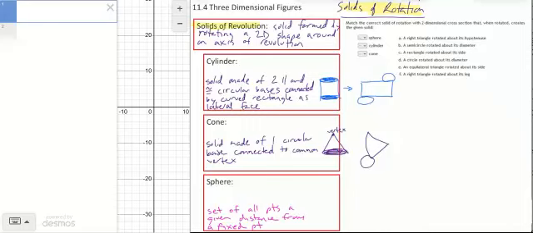The only difference between this definition of a sphere and the definition of a circle would be adding the word coplanar in front of the points. So the set of all coplanar points a given distance from a fixed point is a circle. The set of all points would include all points along this circle, but also all points that are that same distance, the radius, from that center in all dimensions. That would be a sphere.